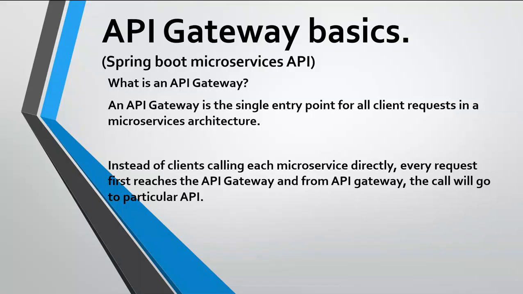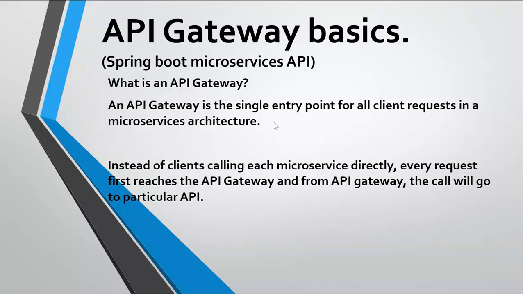Eventually all those calls from the client will go through the gateway. We'll discuss in the next slide what benefits we'll get, why we are using all these things, and what commonly used API gateways there are. So, okay, we'll go one by one.